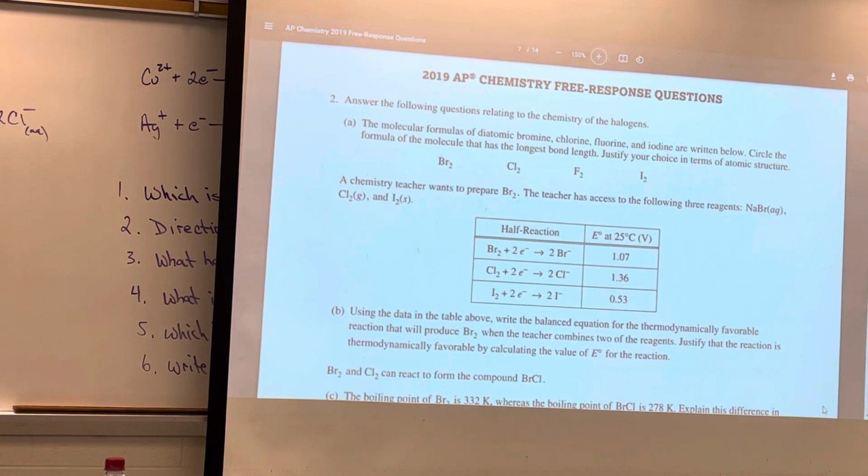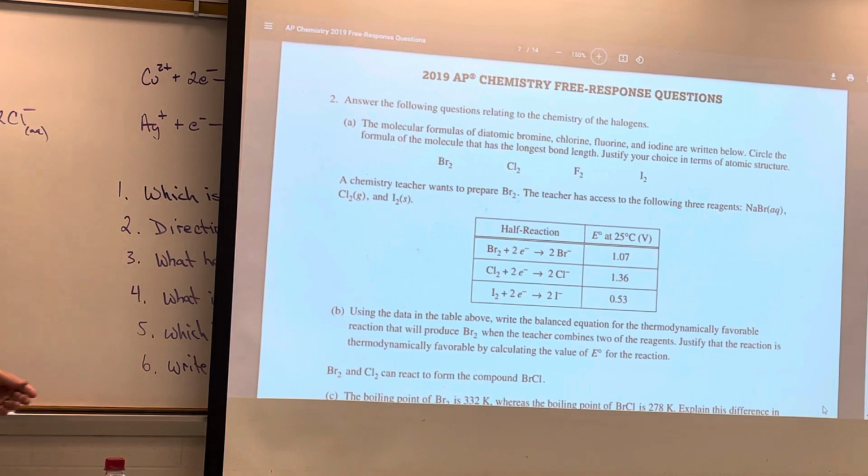And a positive E cell is your thermodynamically favored. A K greater than 1, a positive E cell, and a negative delta G all indicate spontaneous or thermodynamically favorable. Okay? So G is the only one that's negative. K is greater than 1, E is positive for thermodynamically favorable.